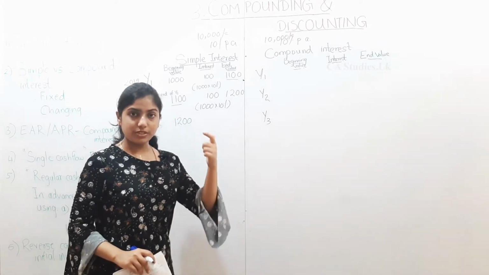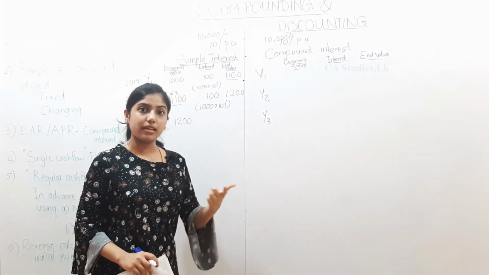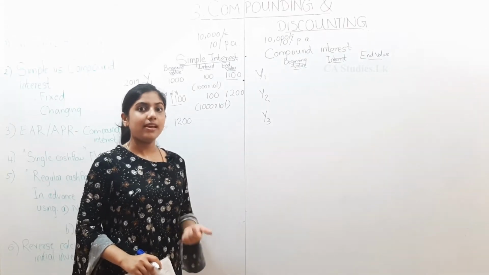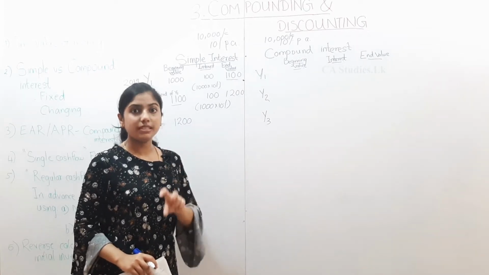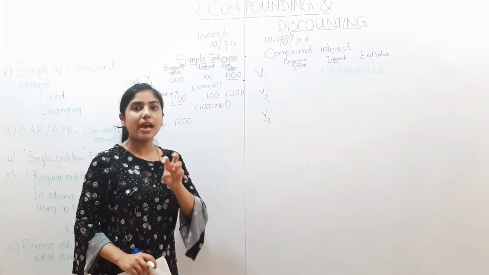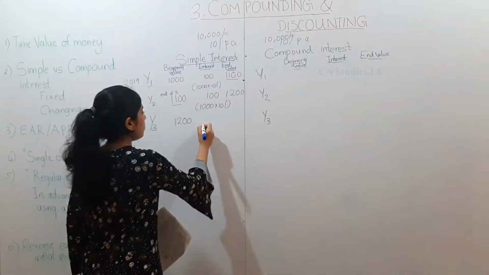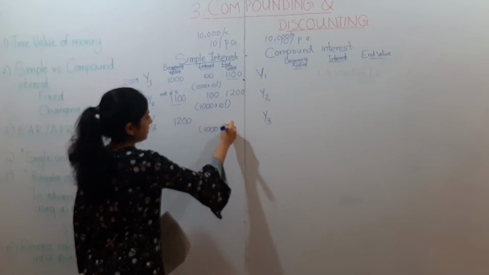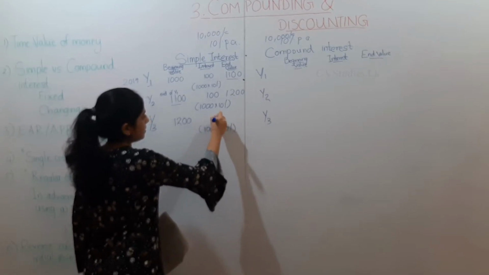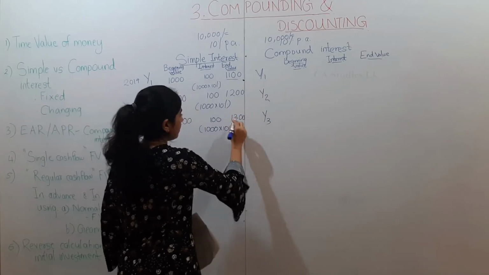So first we should identify what is the amount we put into the bank account initially. That value multiplied by the interest rate per year will give you the annual interest rate. Okay, so 1000 will be 1000 multiplied by 10%. Which is 100, and the total will become 1300.